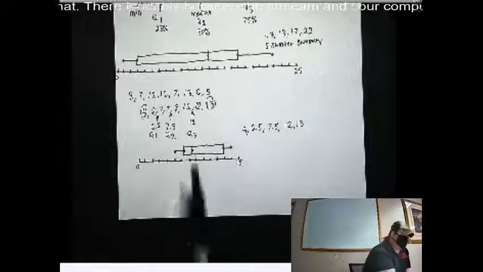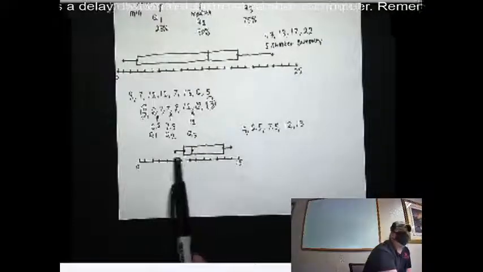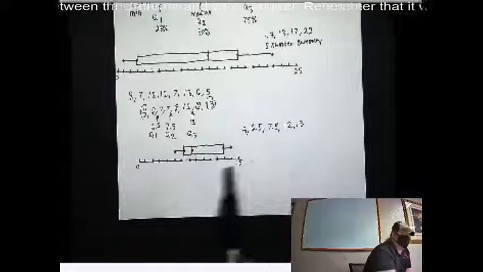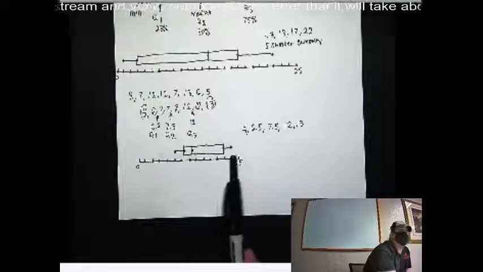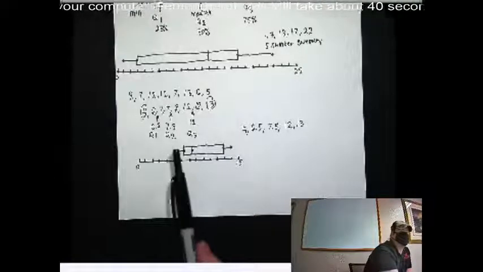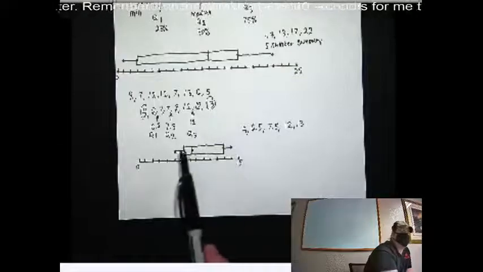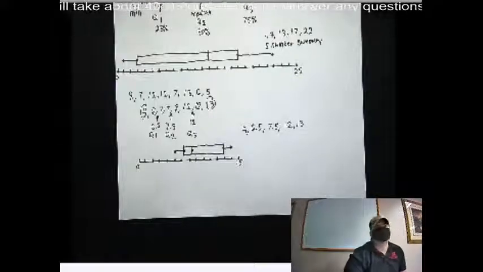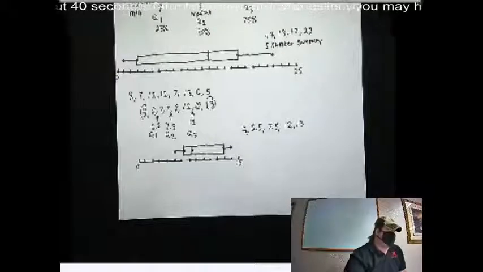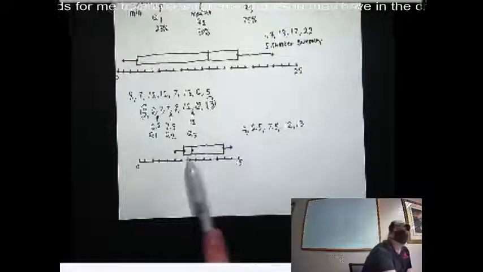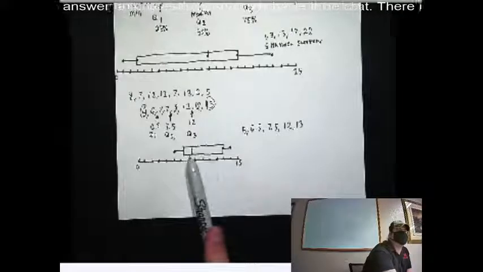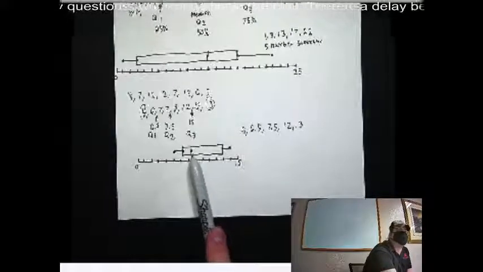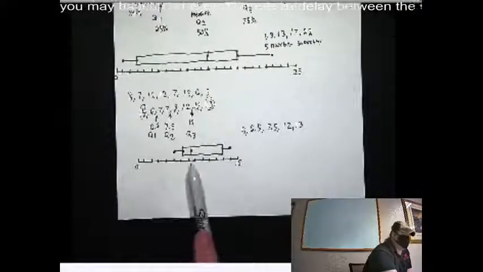So the distance from our minimum to the first quartile and the distance from our third quartile to our maximum, these are really, really close to being the same, if not the same. However, when we look at our quartiles, we can see there's a big difference between the first to the second and the second to the third.